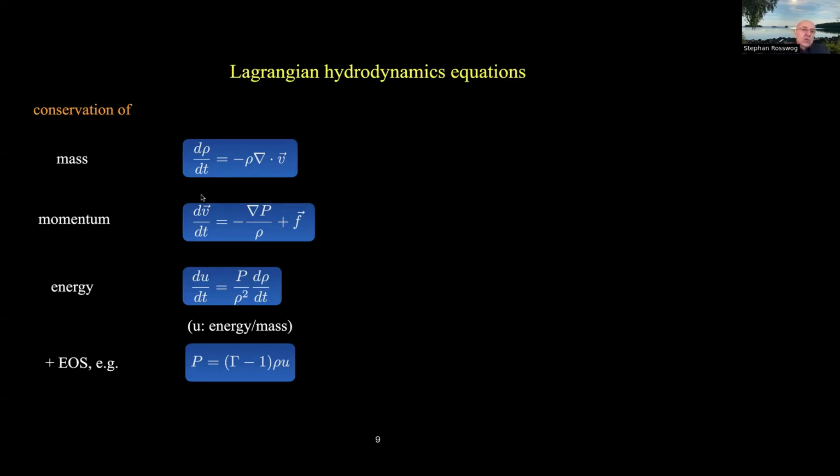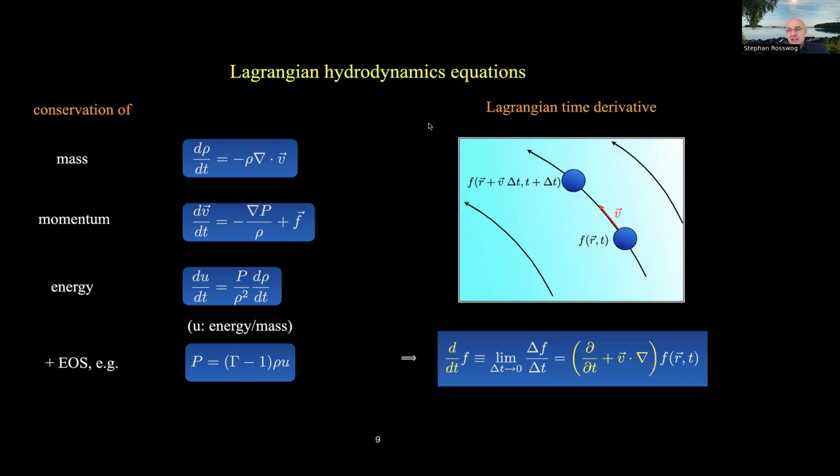And so one thing that you maybe are wondering about is, well, this time derivative here on the left-hand side, what is that? Well, that is the Lagrangian time derivative. And you get there if you just draw a little sketch and then you say, well, think of a fluid blob that has some properties at some position r at some time t. And then it moves with a velocity to some new position.